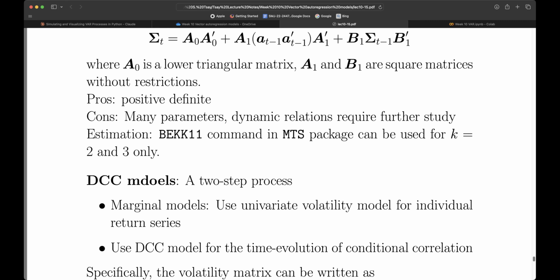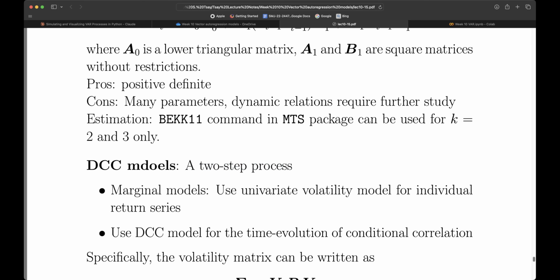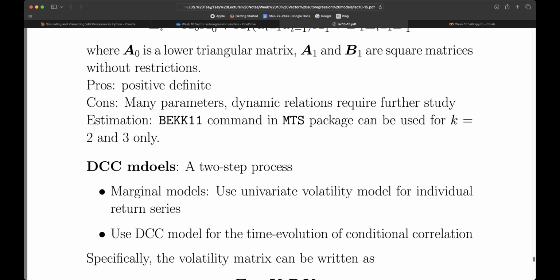DCC models use a two-step process. First is the marginal model: use a univariate volatility model for each individual return series, individually. Next, we use the DCC model for the time evolution of conditional correlation.